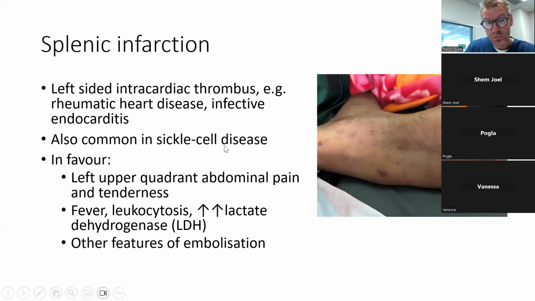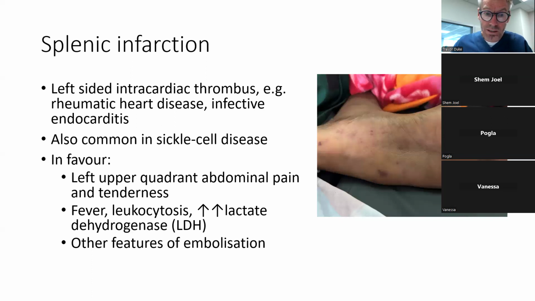It's common in sickle cell disease to have splenic infarction, but we don't see too much sickle cell disease. The features in favor of splenic infarction would be left upper quadrant abdominal pain and tenderness. The child has a tender abdomen over the side of the spleen. They usually have fever and leukocytosis.